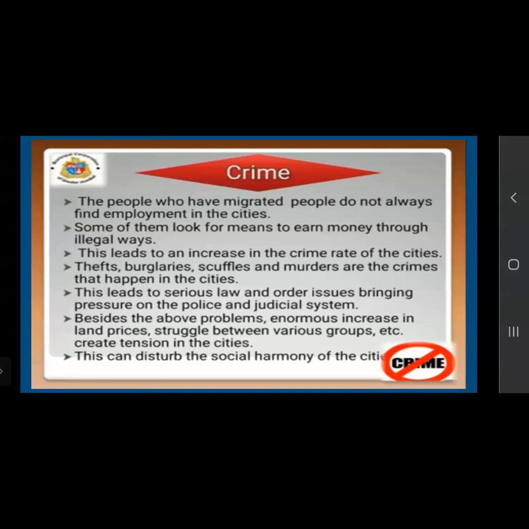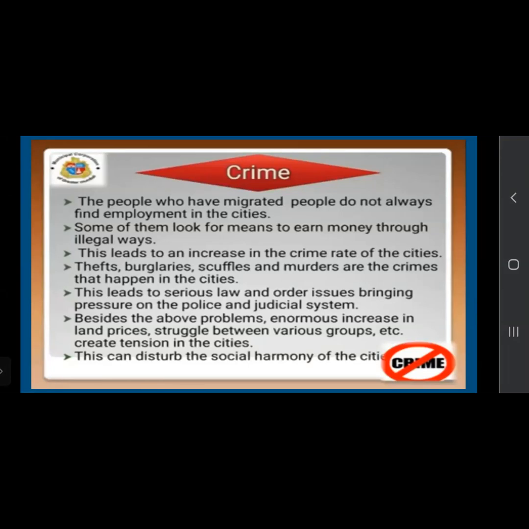Thefts, burglaries, scuffles, and murders are the crimes that happen in the cities. These are the crimes practiced in the cities, and now the rate has increased.